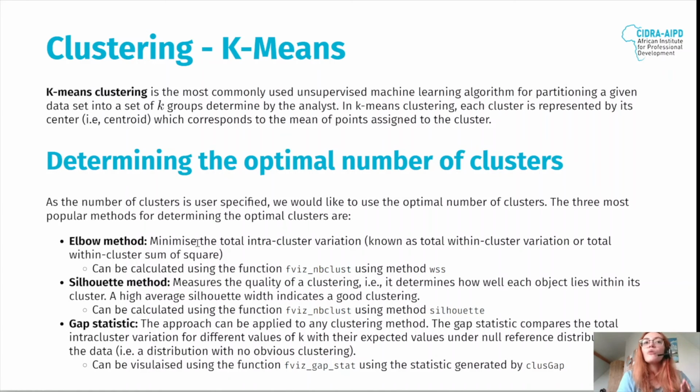For the elbow and the silhouette method, the function is the same, fviz_nbclust. What changes is the method. For the elbow, the method is wss, which means within cluster sum of squares. For the silhouette, the method is silhouette, and the gap statistic has a different function, clusGap.